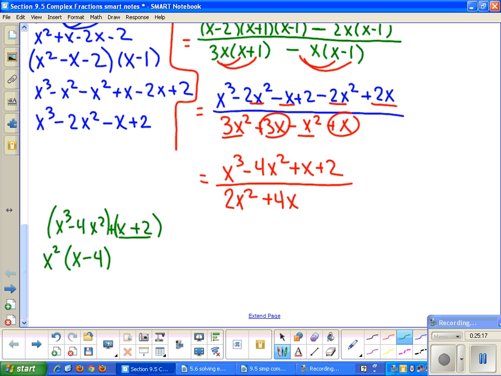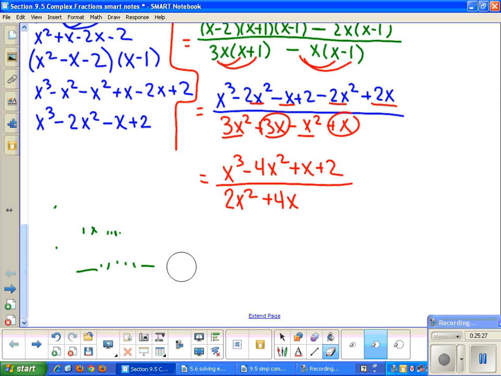And then notice that you can't factor anything here, so this would be like 1 times x plus 2. Since this is not the same as this, that does not factor, so I can't factor that term. So I'm just going to erase this here.